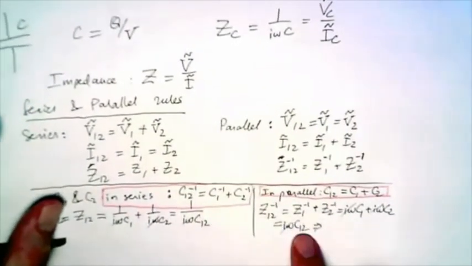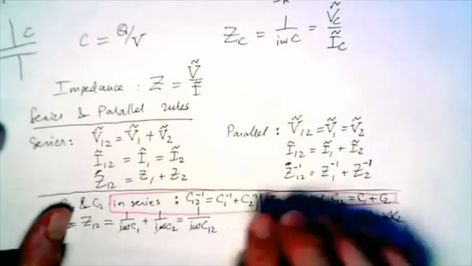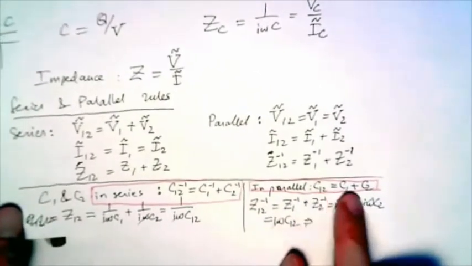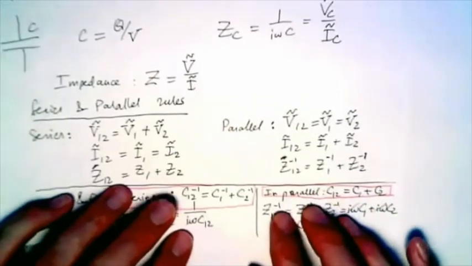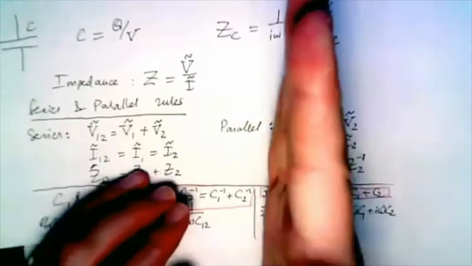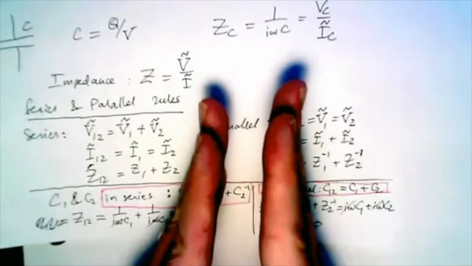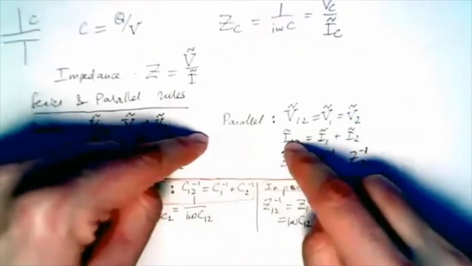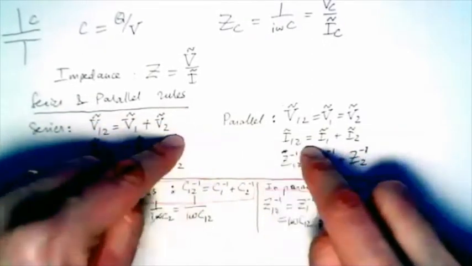Okay, so those are the rules for series and parallel capacitors, which we have not used before. Now, in parallel, it's not too hard to imagine why that is, because physically, if you have one capacitor with a plate here, plate there, and another capacitor with two plates, and you put them right next to each other, then the plates on the top are connected together and they increase the surface area that the top electrode sees.